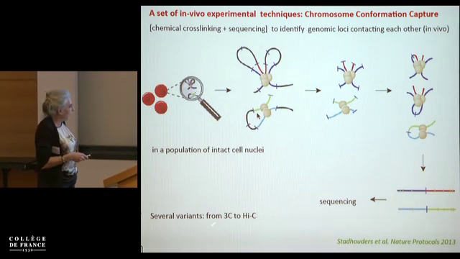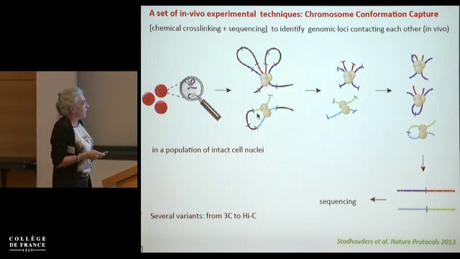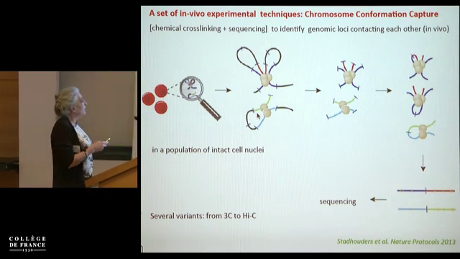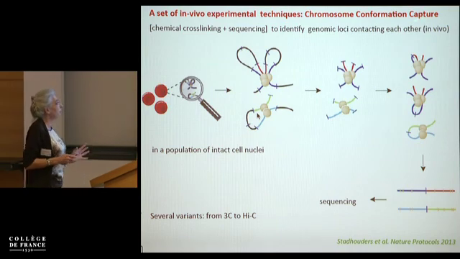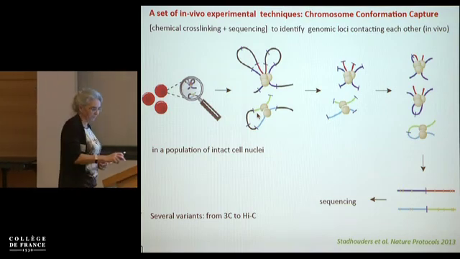There are several variants of this protocol, from local, very quantitative ones to genome-wide ones. And the result is the identification, at a given moment in a population of cell nuclei, of the pairs of genome sites which are close to each other.